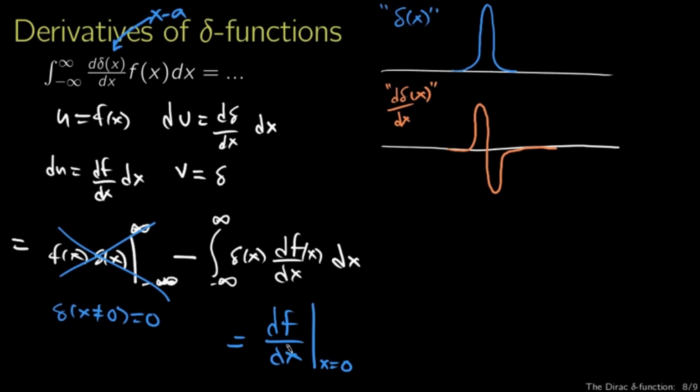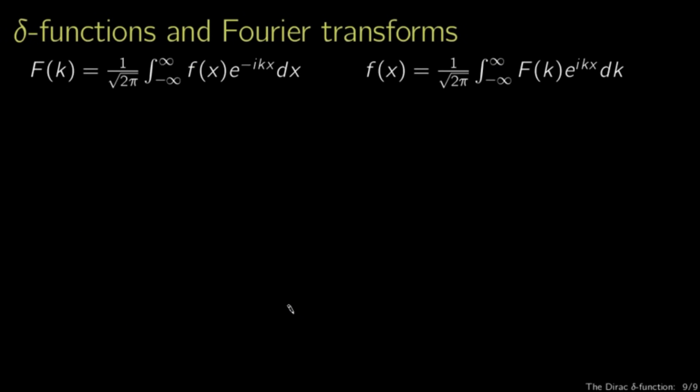This notion of integrals and delta functions pulling out the value of the function gets especially interesting when you talk about delta functions and Fourier transforms. For instance, suppose we're interested in the Fourier transform of the delta function.